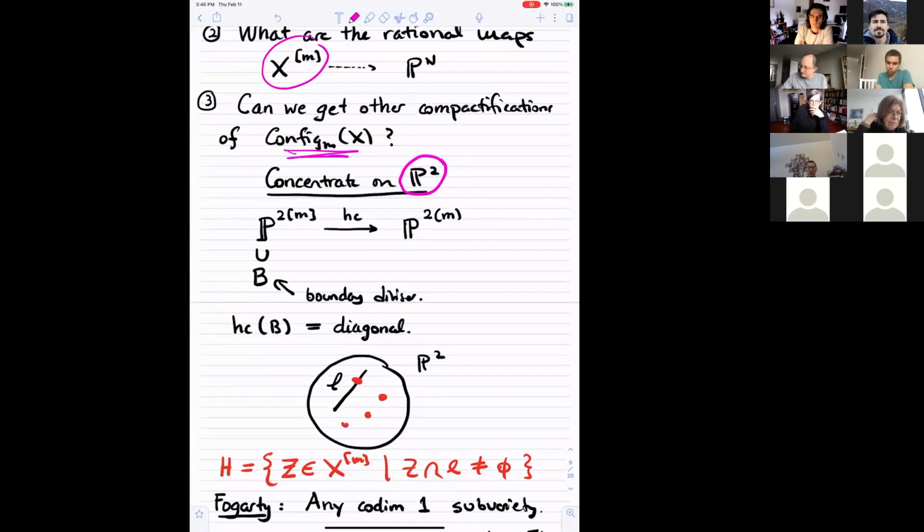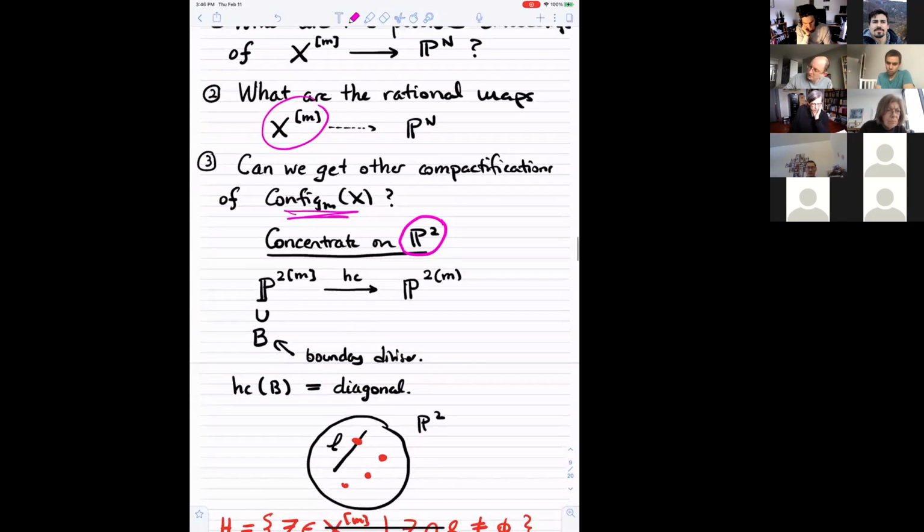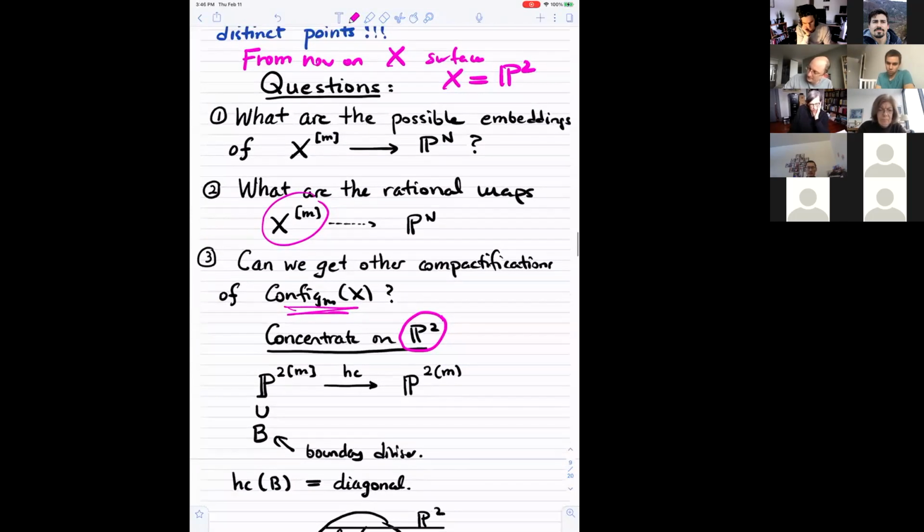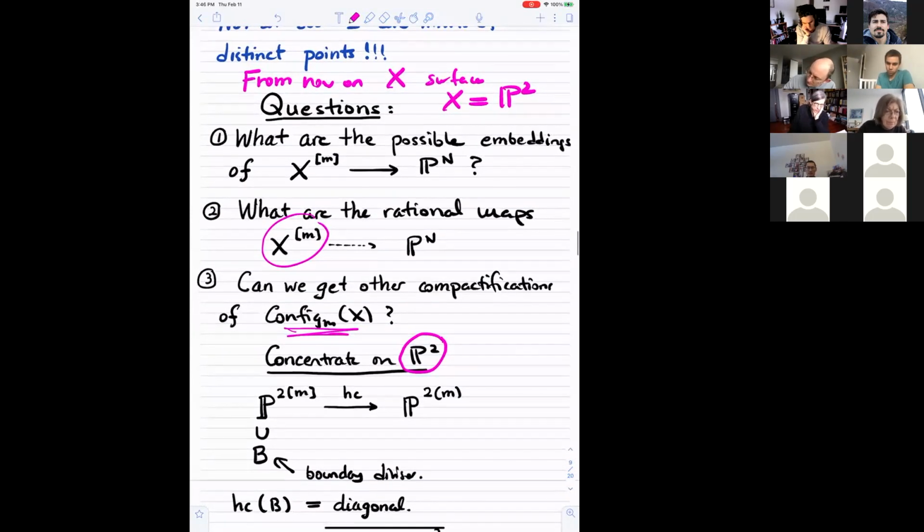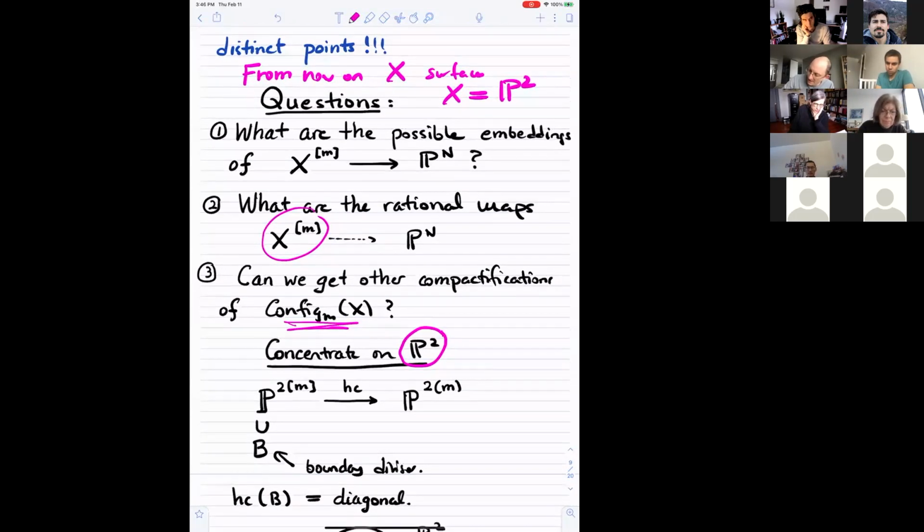So let's understand a little bit. Let me just quickly explain. If you have an embedding of any space into projective space, then you can look at hyperplane sections of your space.